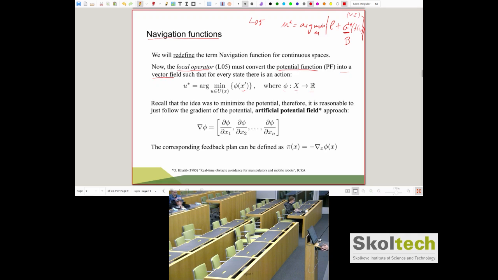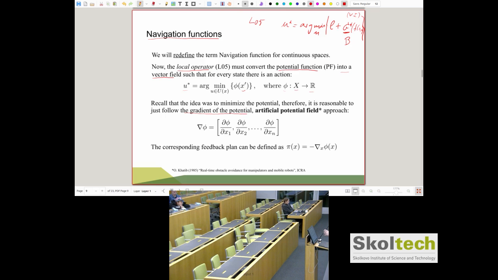We still didn't decide which ones. But the interesting thing is that if we want to execute an equivalent optimal action as we had defined previously in discrete spaces, one of the things we need to do is just follow the gradient, right? So we follow the gradient of the potential.